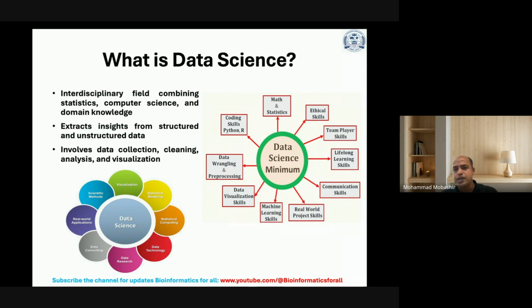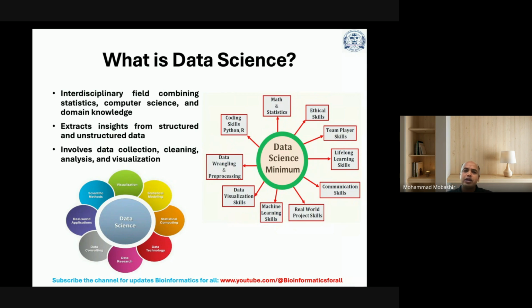If you want to see it in pictorial form, it could look like this. The minimum requirements for data science are basic mathematics, statistics, coding, data wrangling and processing, visualization of data, machine learning skills, real world project skills, communication skills, lifelong learning skills, team player skills, and ethical skills.